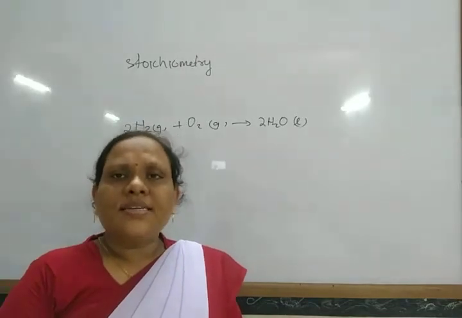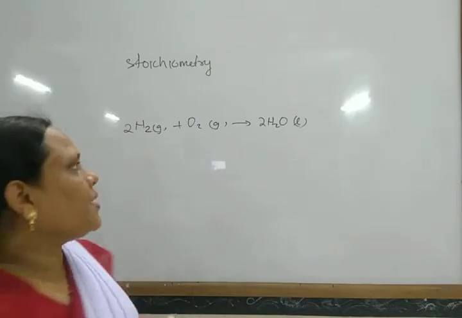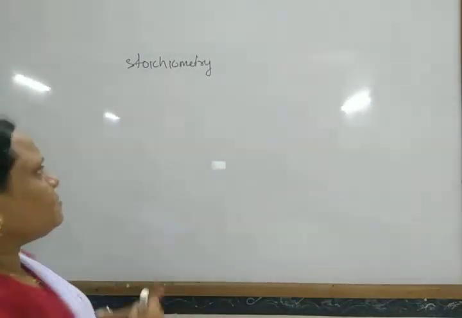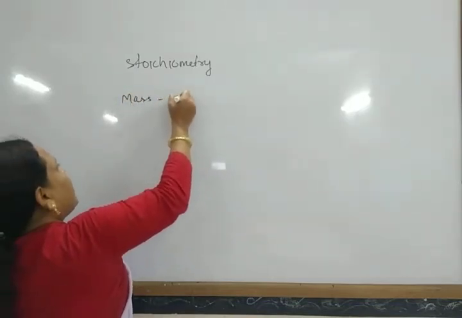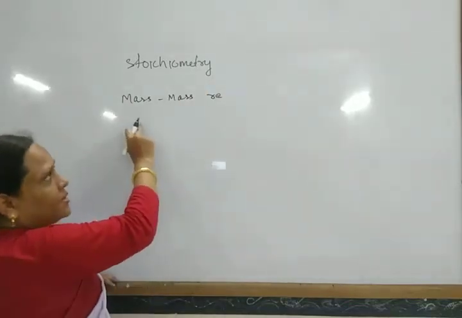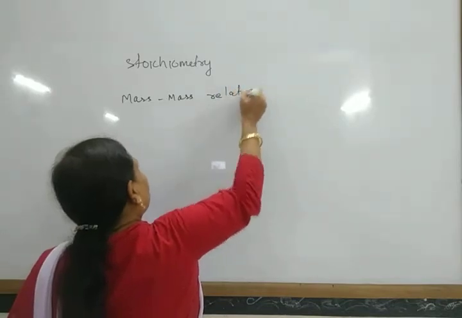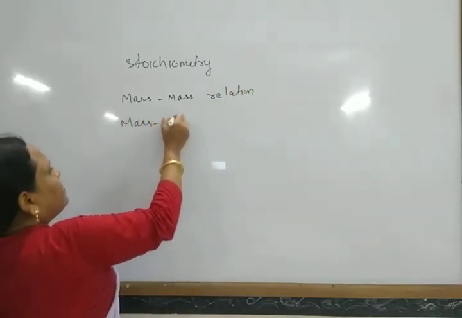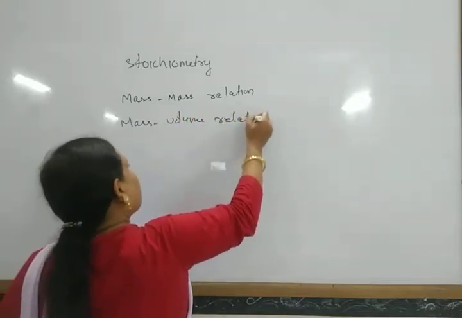And there are generally 3 types of stoichiometric calculation. One is the mass-mass relationship. Then the mass-volume relationship, and the volume-volume relationship.